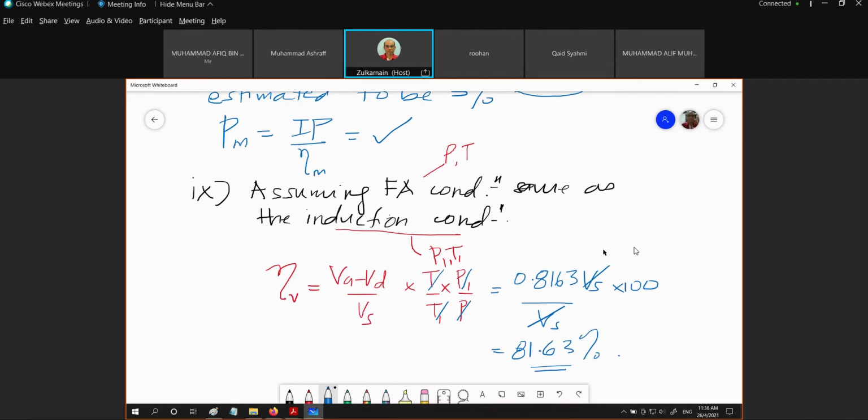Okay, without writing any extra calculation, from here we could get the new volumetric efficiency of this condition, whereby P is equal to P1, T is equal to T1.